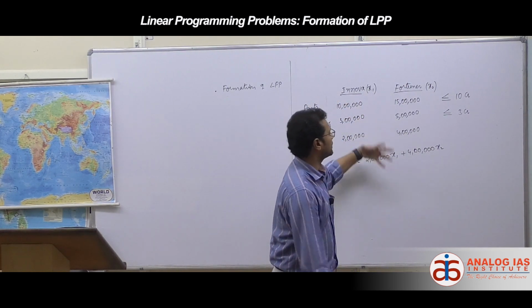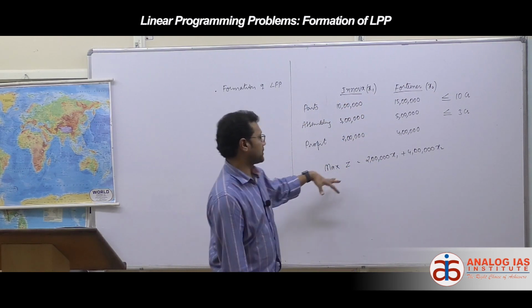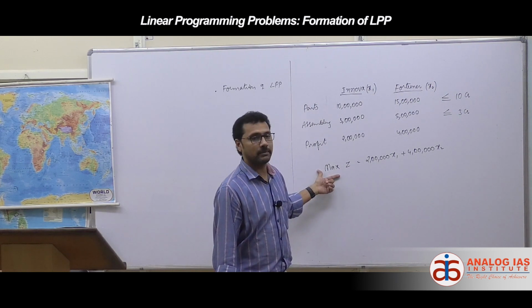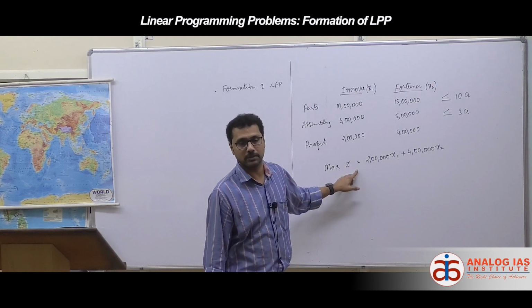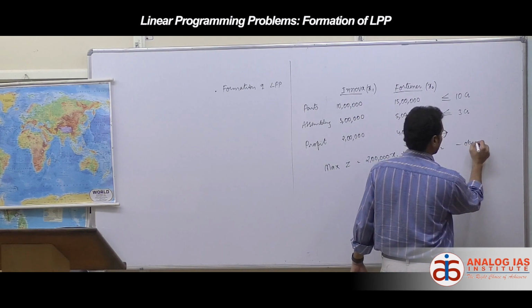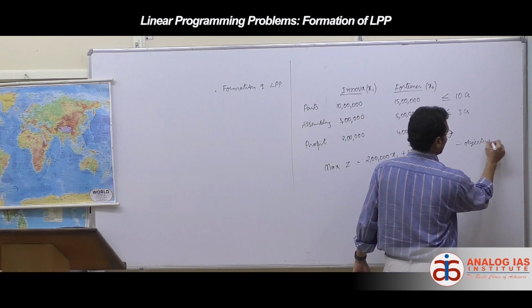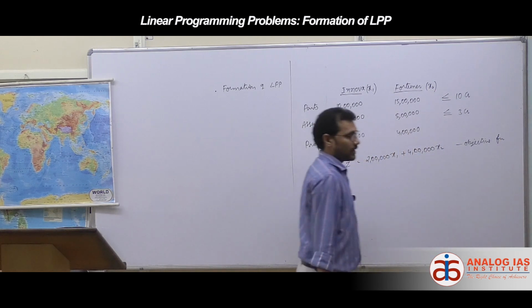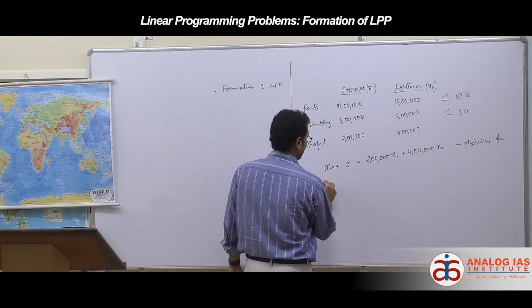If you put it in terms of mathematical symbols, one expression that I have already kept is maximization of my profit function, which is the objective function. So this is called the objective function. And what are the constraints that I have?